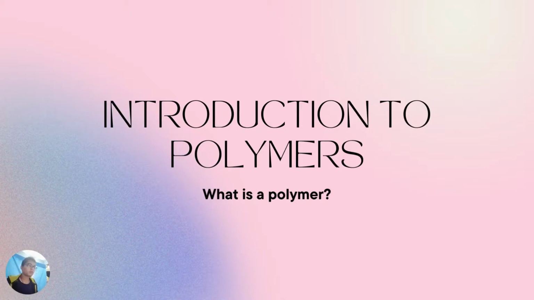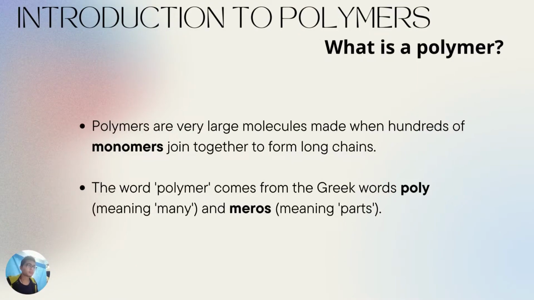Introduction to polymers. The first question is, what is a polymer? As you can see, a polymer is a very large molecule made when hundreds of monomers join together to form long chains.